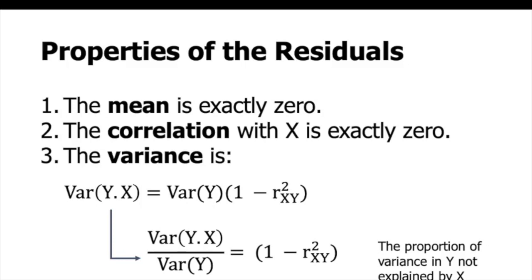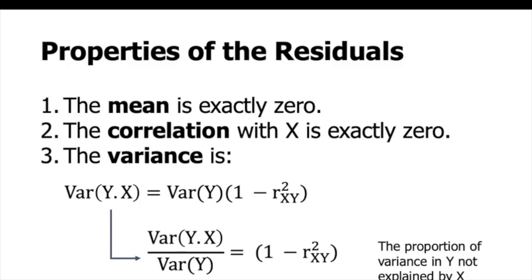The variance of our residuals is termed s squared y dot x, and it's equal to the variance of y times 1 minus this r squared value. The r squared value is the proportion of variance in y explained by x. So the 1 minus the r squared is the proportion of variance in y not explained by x.